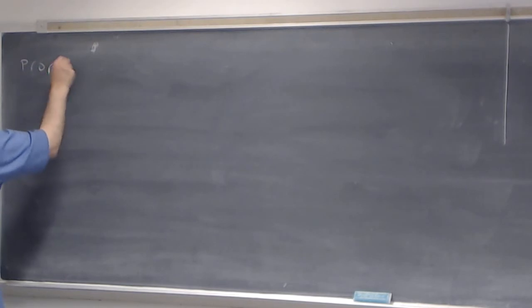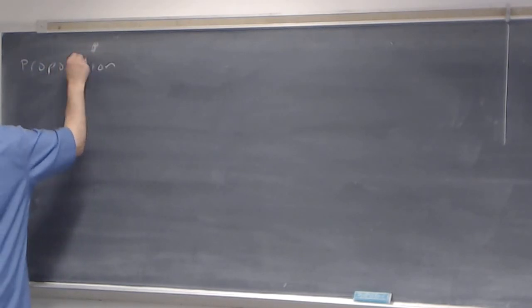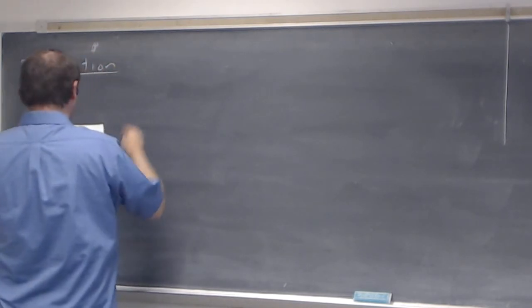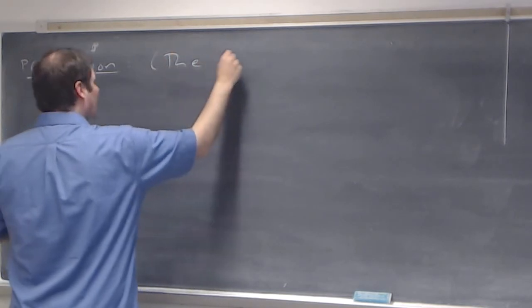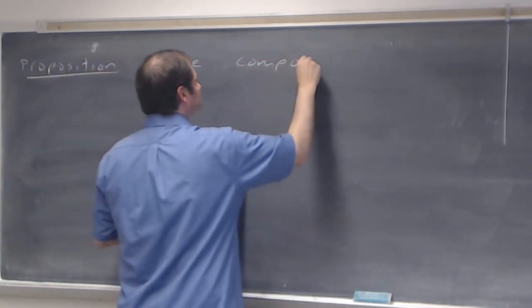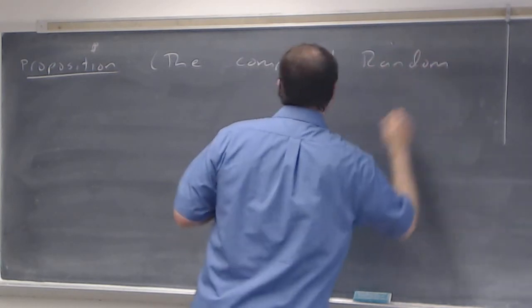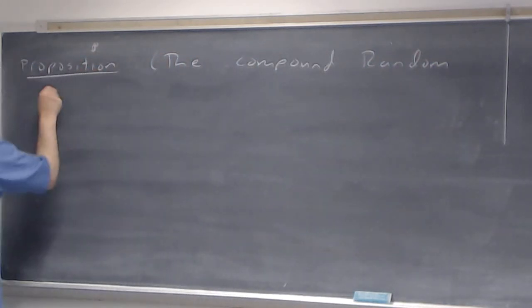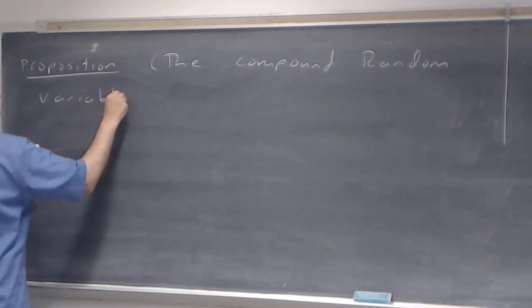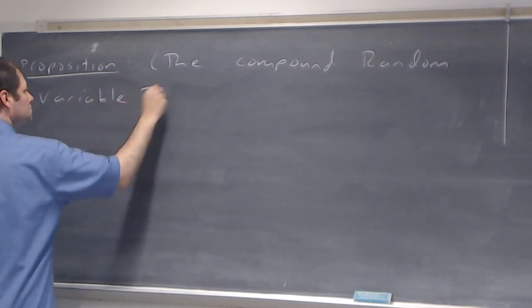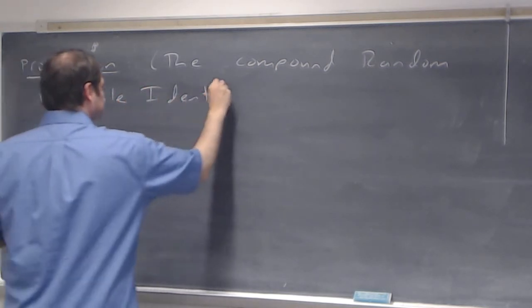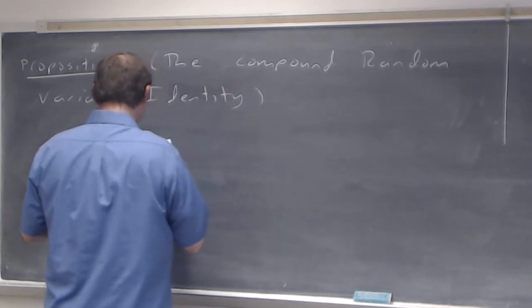Okay, so here's a proposition, and this is called the compound random variable identity. Okay.